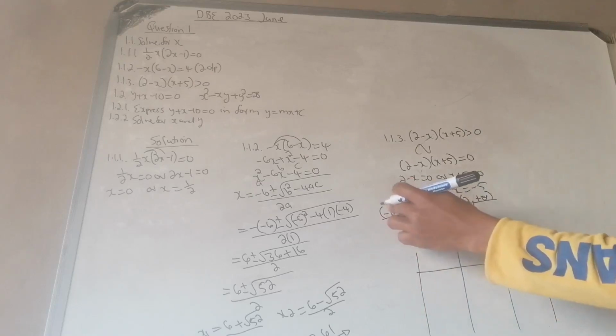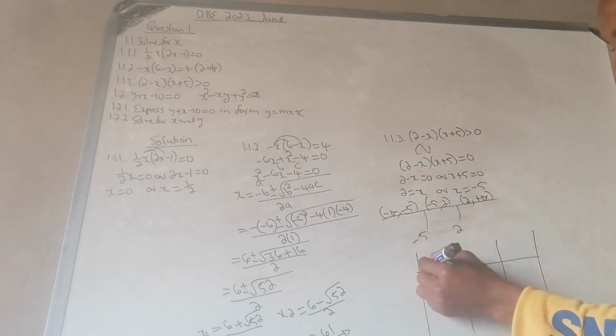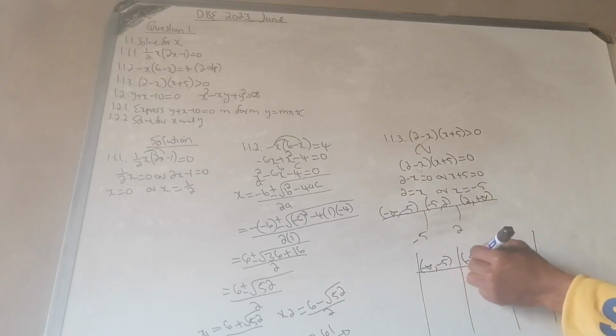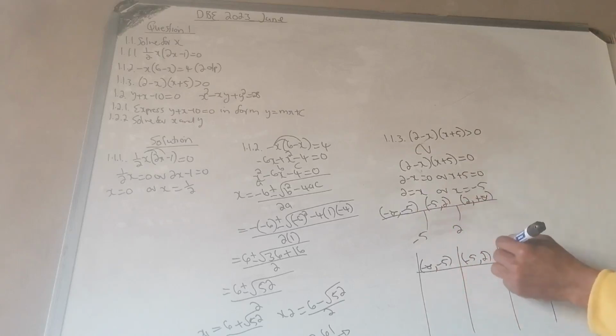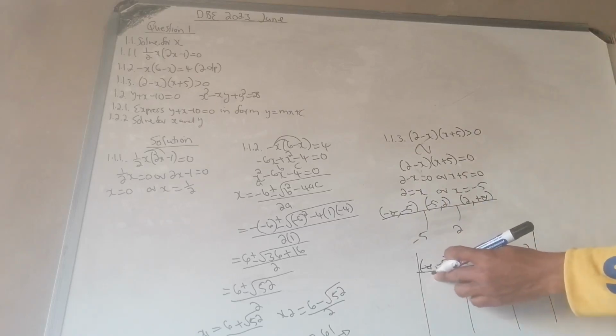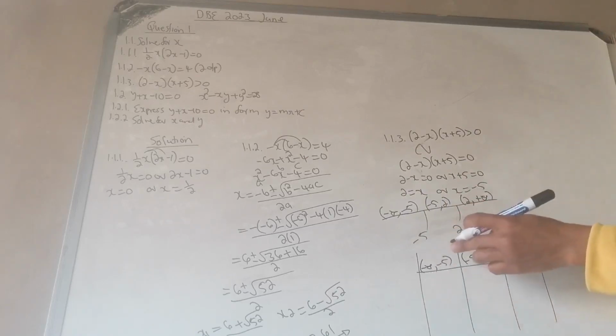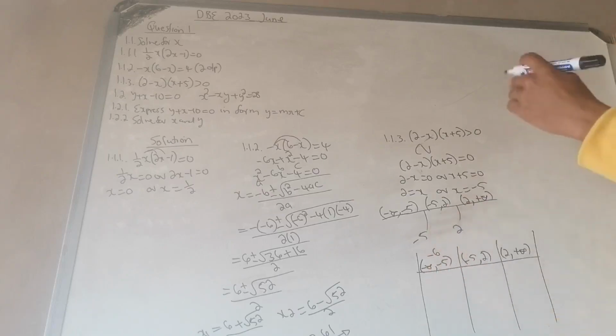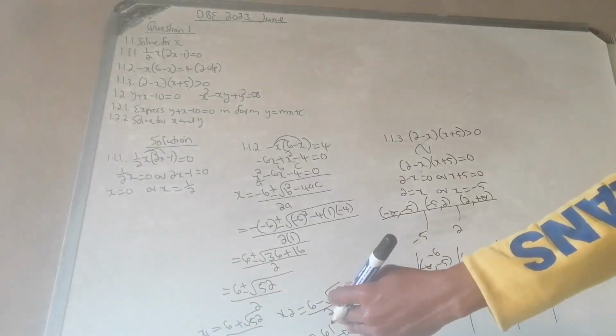In this table, you will place the first one, negative infinity to minus 5. The second one, minus 5 and 2. The last one, 2 and infinity. I'm looking for a value that is smaller than minus 5. The value that is smaller than minus 5 is minus 6.